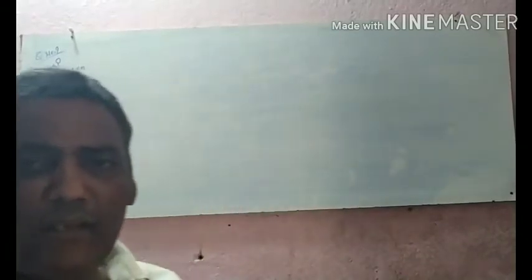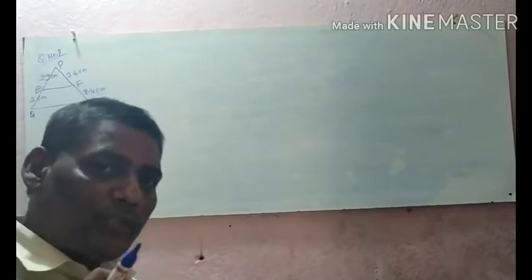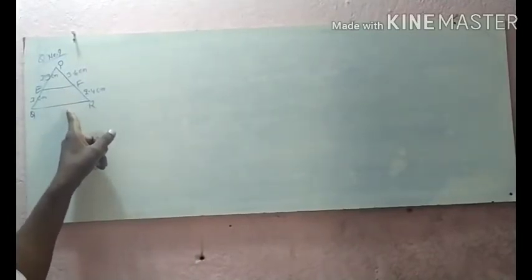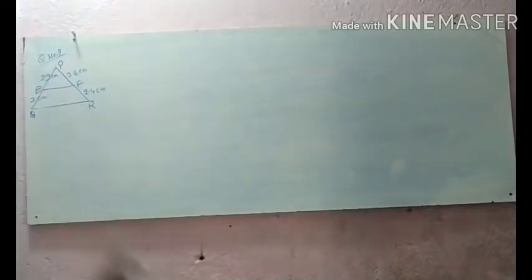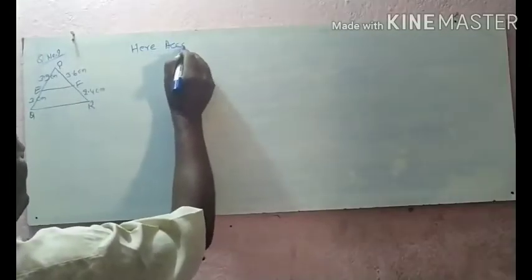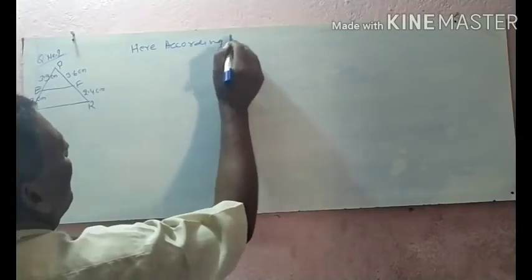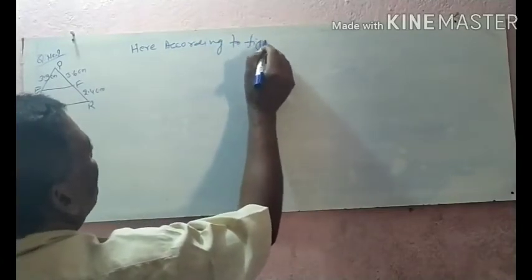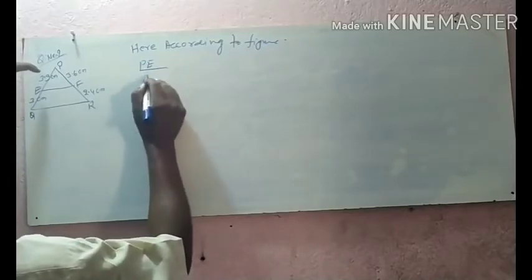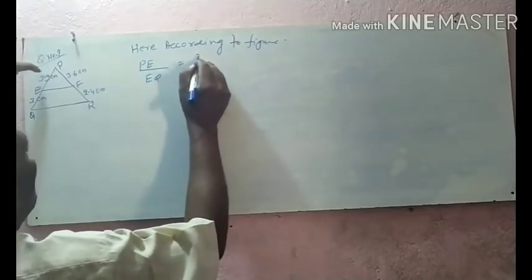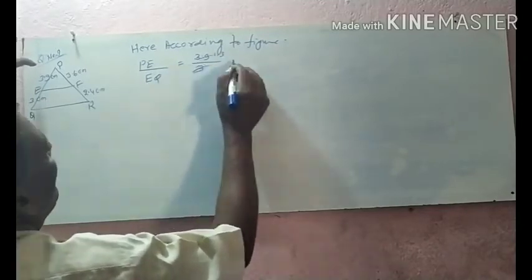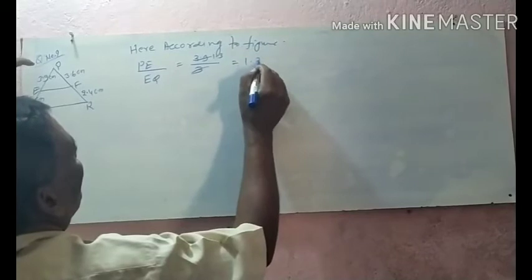Under this condition, we have to check whether EF is parallel to QR or not. Here, according to the figure, PE by EQ is equal to 3.9 by 3. That means 1.3.